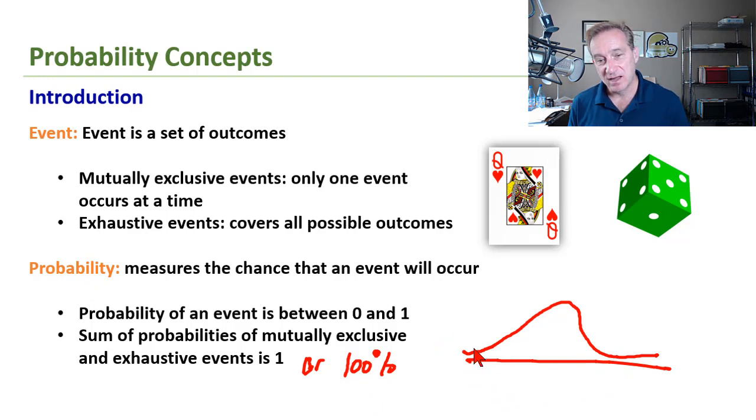But if this were a standard normal curve, let's say, the area under the curve would be 1 or 100%, such that the cumulative distribution function would converge to 1.0 or 100%, and it would satisfy the definition of a probability. So the sum of our mutually exclusive and exhaustive events in the distribution needs to be 1 or 100%. That formalizes two aspects of the probability that are probably intuitive to us, but they do have mathematical rigor behind them that I'm not showing.